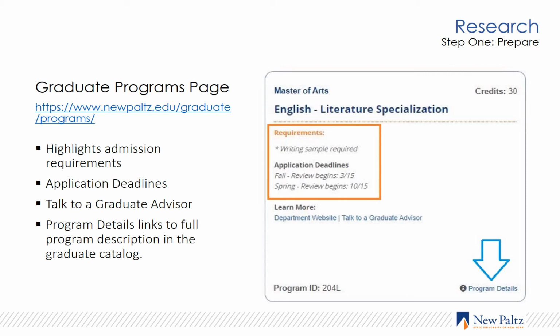While reviewing the program information, note which terms your program collects applications for admission and determine when you want to begin your graduate study. If you're ready to move forward, click the program details link to open the catalog.